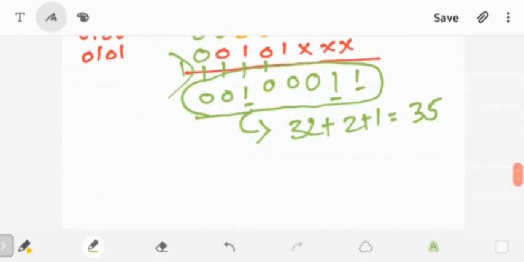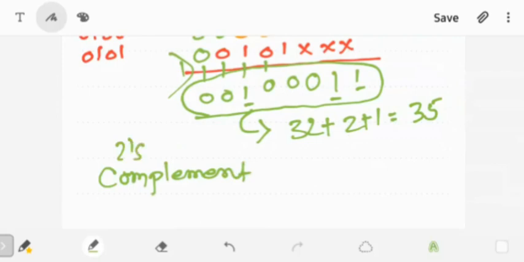Yes, sir. What you are supposed to remember here is the 2s complement of the last product.